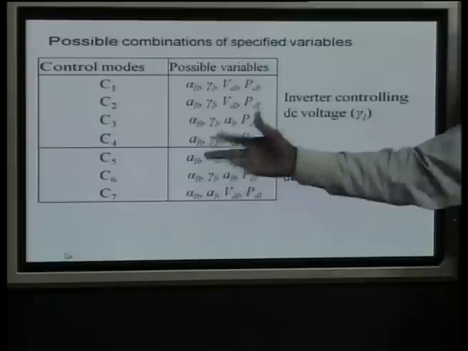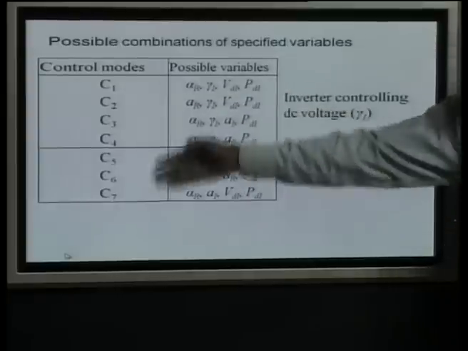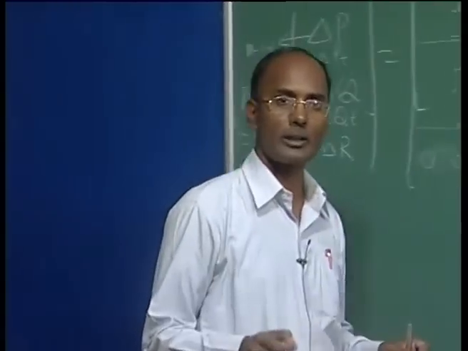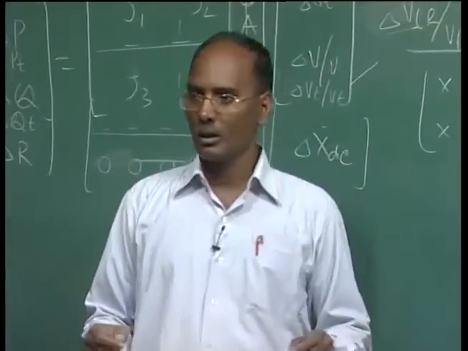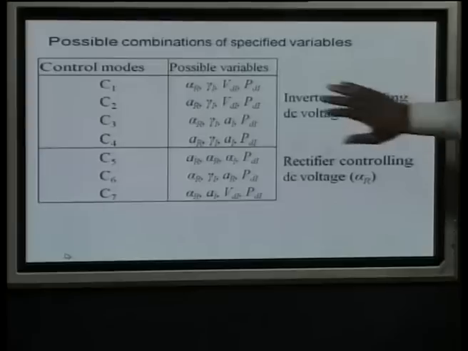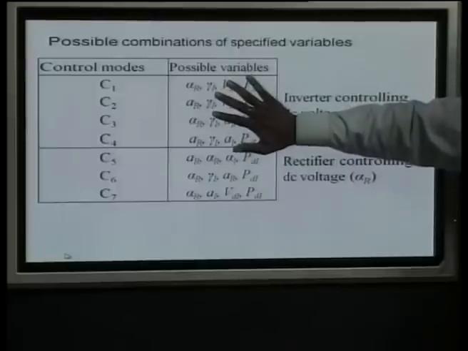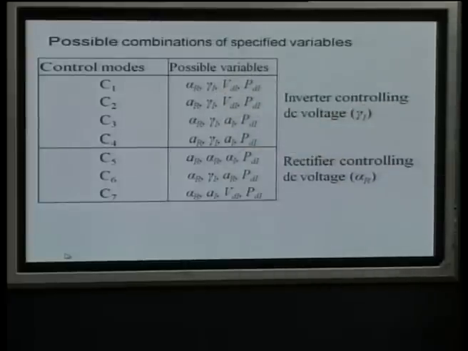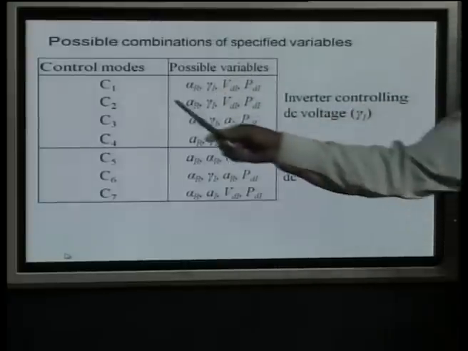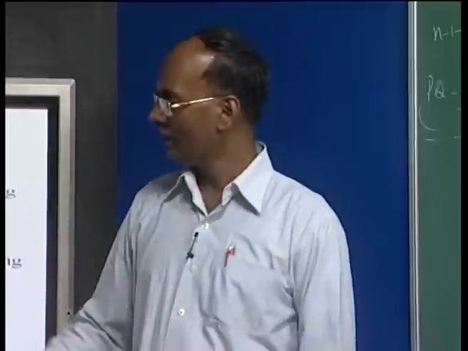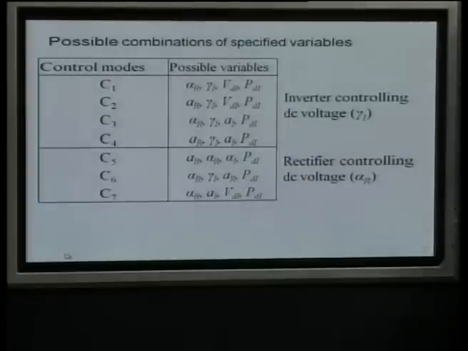gamma, VDI, all of these are fixed in the various control modes. Normally we say there are 7 control modes, and if these are the possible specified variables, the remaining are to be calculated. For example, if you are taking control mode C1, what are the unknowns?